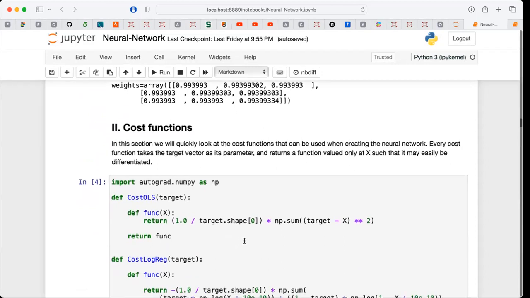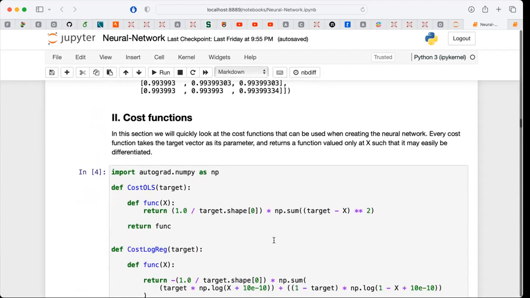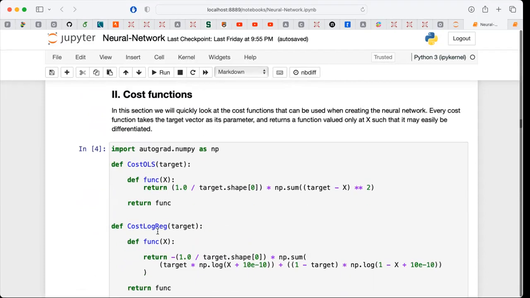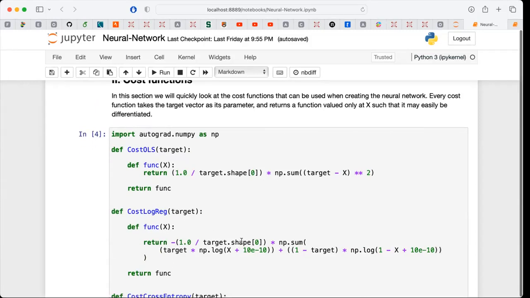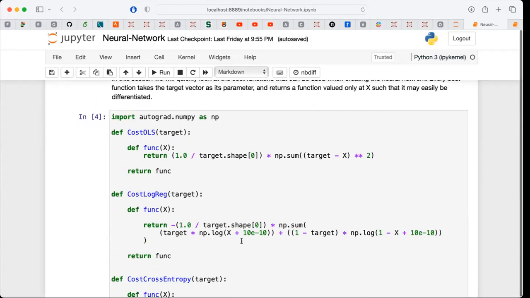So you would then specify different types of cost functions. You could now have a cost function which is given by the root mean squared error, which is this one. You could now take the so-called cross entropy function, which is used in, let's say, logistic regression.